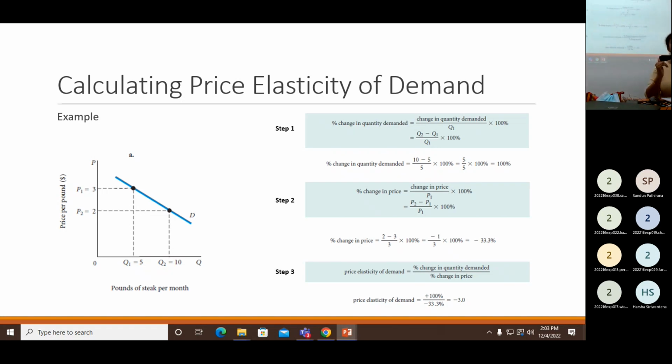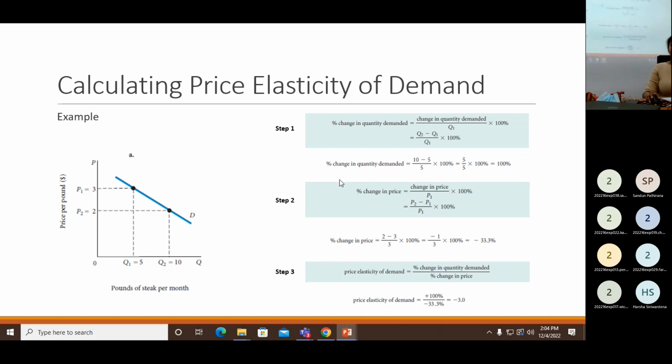You always divide by the initial quantity. So final quantity minus initial quantity, divided by the initial quantity, which is 5. Then convert it to a percentage by multiplying by 100%. So 10 minus 5 is 5, 5 divided by 5 times 100% is 100%. So your percentage change in quantity demanded comes to 100%.